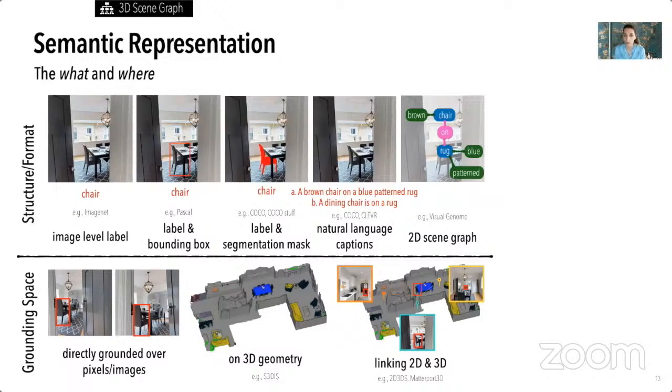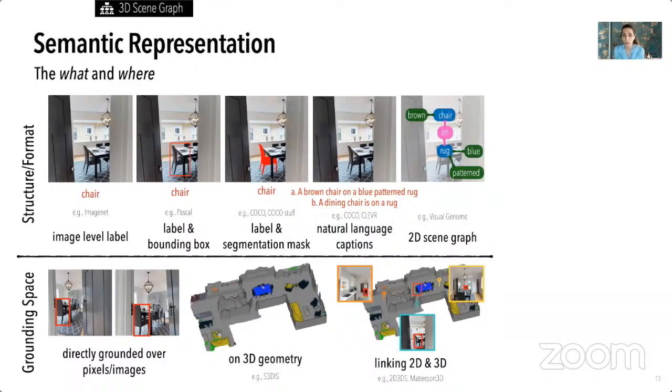If you do it directly on the 3D geometry, you don't have the same problem anymore because if there is a change in viewpoint, you still have the same information grounded in the space in 3D. However, you cannot very easily acquire images from this domain, and given that a lot of applications in computer vision are in the 2D domain, this seems a little bit counterintuitive. So if we use both the 2D and the 3D world, we are actually able to achieve the best of both worlds, right?